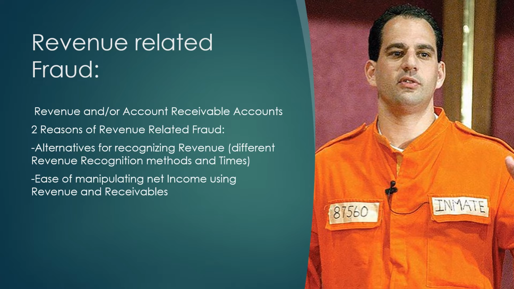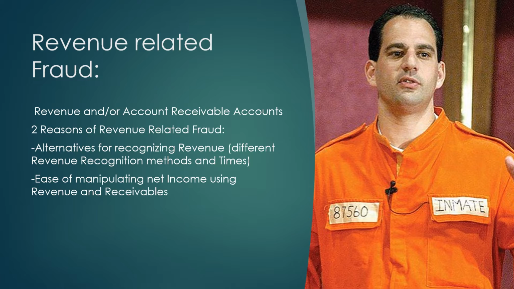There are two reasons for revenue-related fraud. One of them is the existing alternatives for recognizing revenue. Because there are numerous businesses, for example, construction, pharmaceutical businesses, oil refineries, they all have different revenue recognition systems. This is why it's hard to develop rules for revenue recognition.